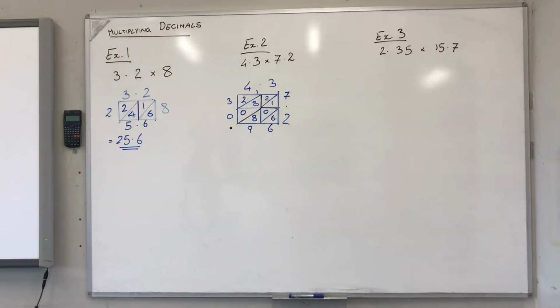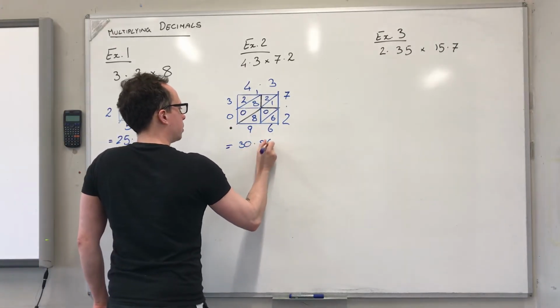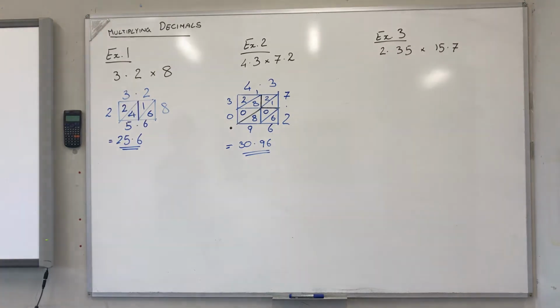So I've got 6, and then I've got 9. 8 plus 2 is 10, so I've got 0 there, and I carry the 1. Then 2 plus 1 is 3. So our answer, now we know the decimal point is, 30.96.